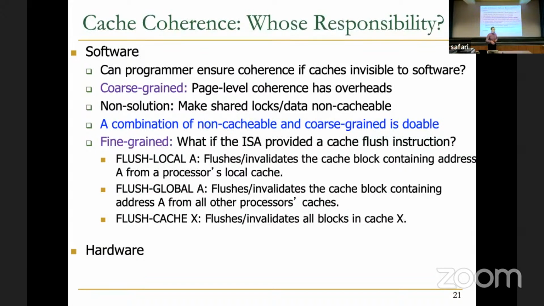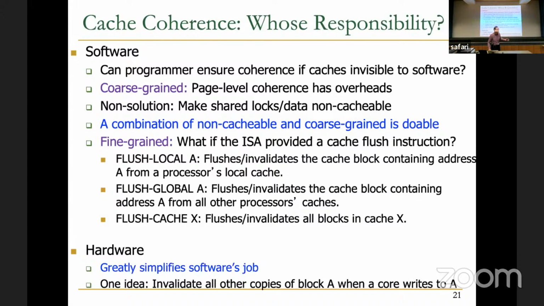And okay, even if you make it work somehow, this becomes a disaster from the programming perspective, right? Now the programmer needs to know about caches and know about when to flush the cache, when not to flush the cache. If they forget to flush the cache on top of everything else that they need to do, they have a problem, basically, right? So this is really terrible in the end. And in the field, software-based cache coherence has been proven to be not so great in general.